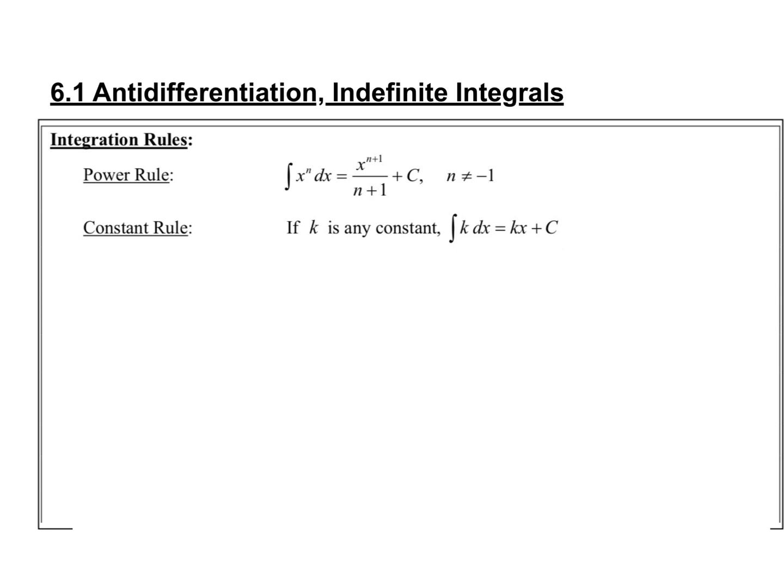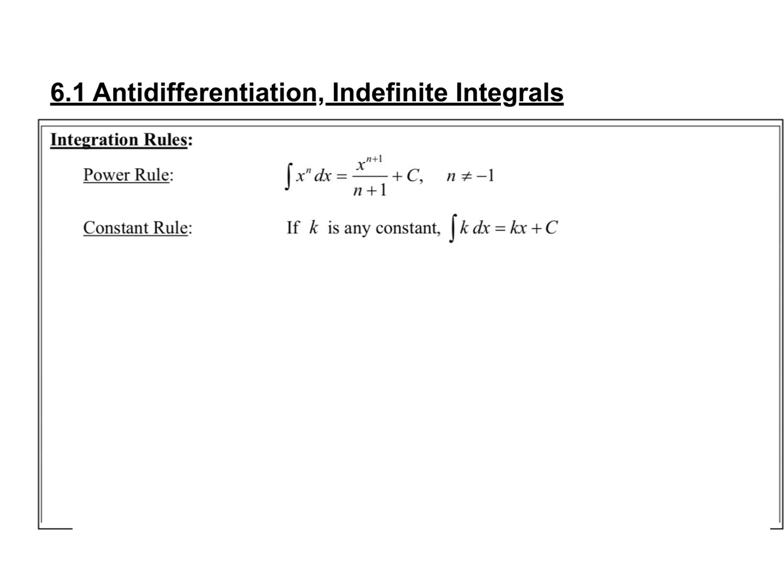So the constant rule, if we have a constant, the integral of a constant, then it's just the constant times x. Don't forget about the c, okay? Because there's always an additional constant that you have to tack on when you are finding an integral. And that has to do with shifting on a graph.